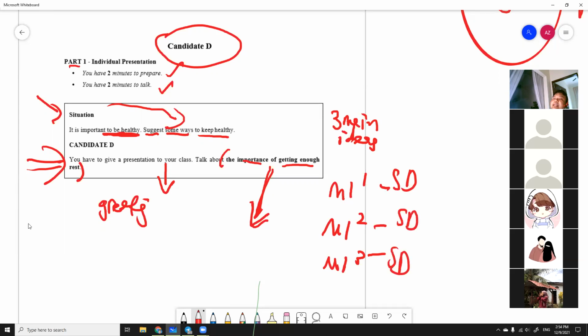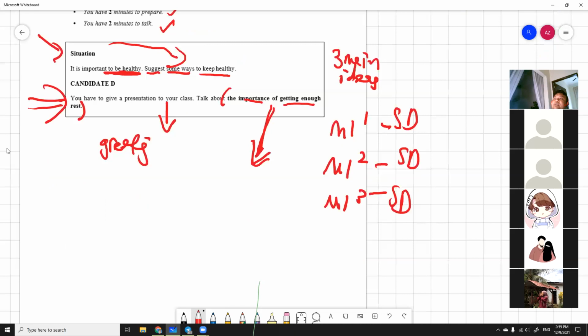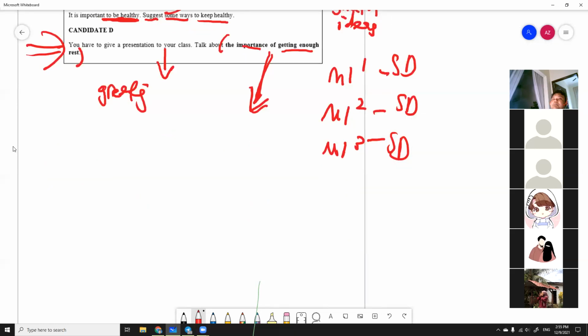Okay, you can actually use the 6 steps of constructing a complete paragraph. Do you still remember what those 6 elements are? Do you still remember? Number 1, what is it, guys?